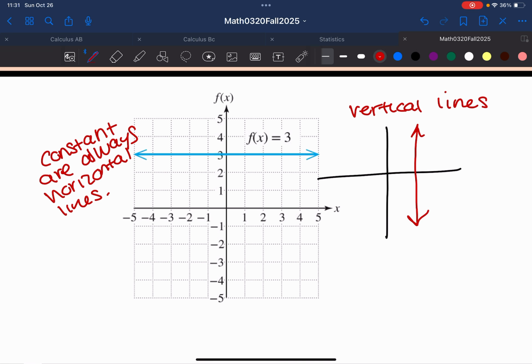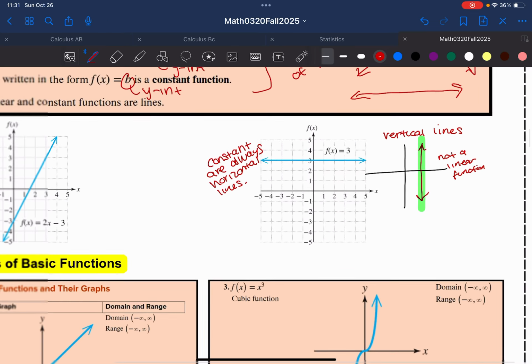The reason why vertical lines are not considered a linear function is it does not pass the vertical line test. Because if I was to draw a vertical line through this, notice how it would cross through every single point on that graph. So this is just a vertical line, not a linear function. We'll talk more about those in a different notes.